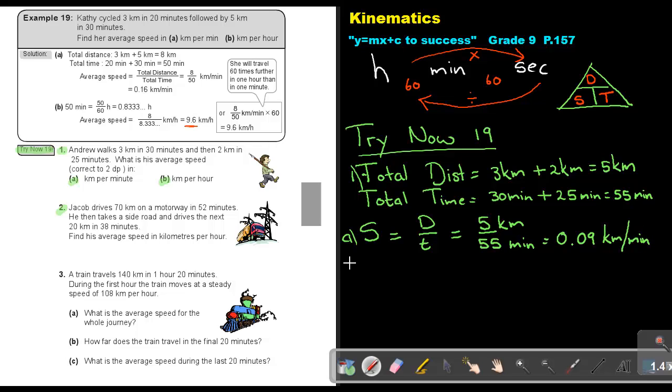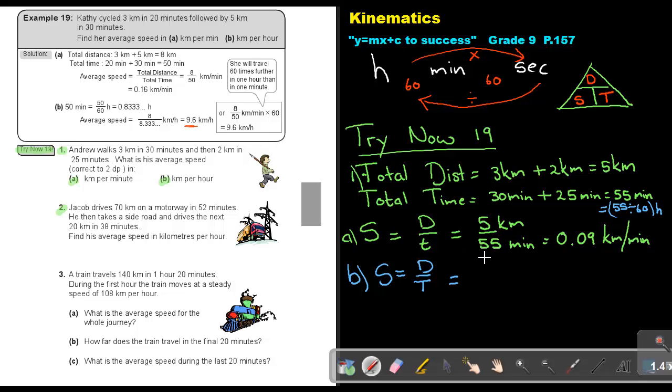But if I want number B, I want exactly the same. I want speed. It's still distance divided by time, but now I must take the minutes to hours. So if I want to take that minutes to hours, I must say 55 divide by 60, and that will give me hours.